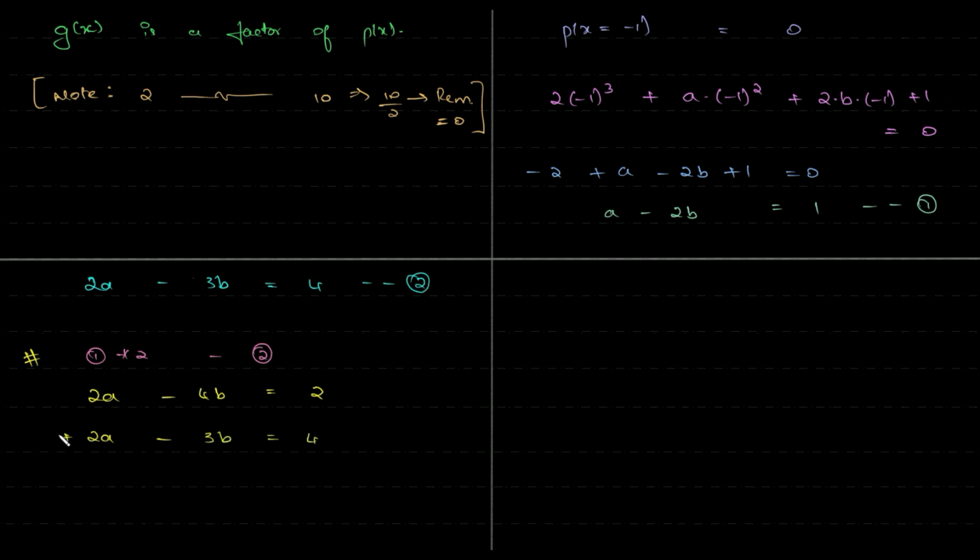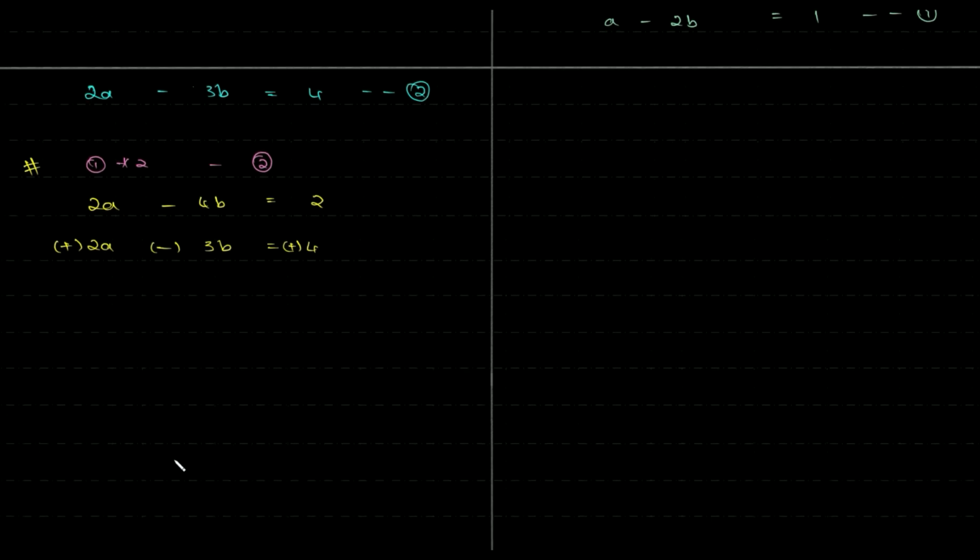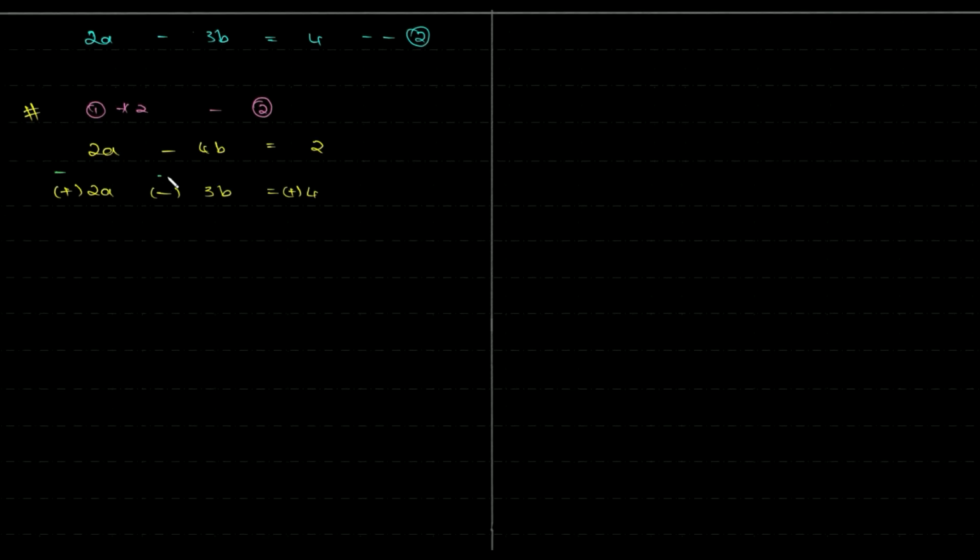Since we are subtracting this, what happens with the signs? This becomes negative, positive, and negative. And we have a line and cut, and we have minus b is equal to minus 2. Therefore, b is equal to 2.